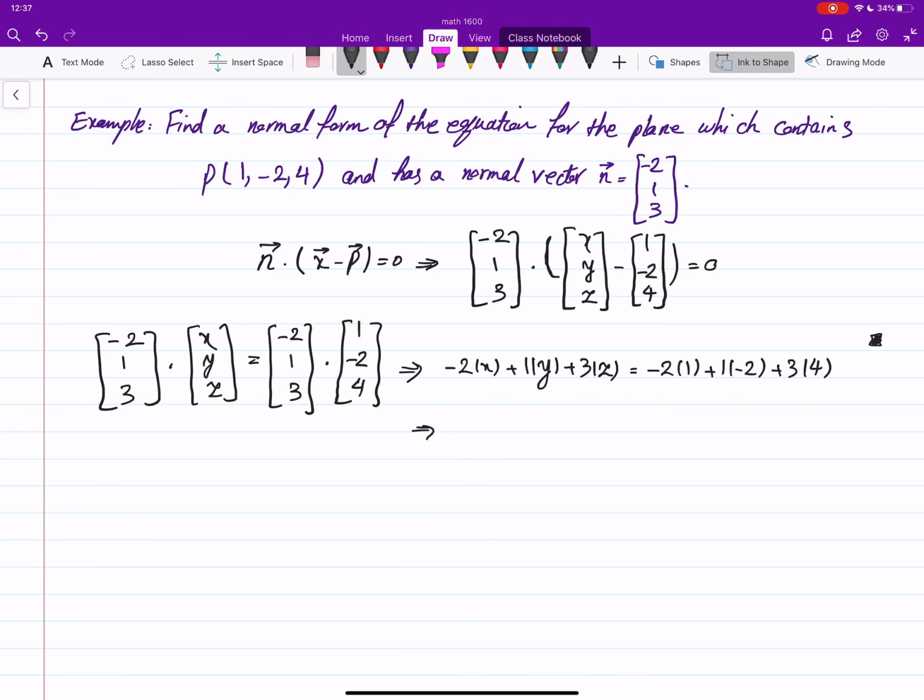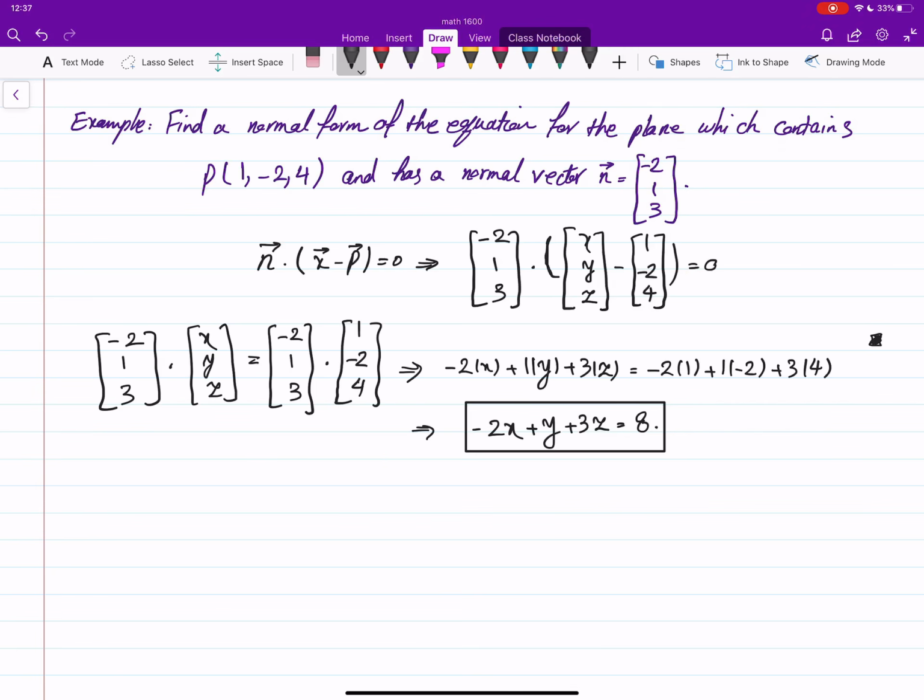As a result, we have negative 2x plus y plus 3z equals negative 4 plus 12, which is 8.